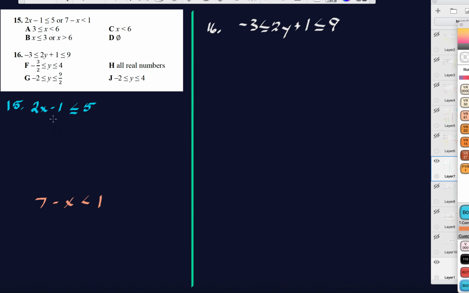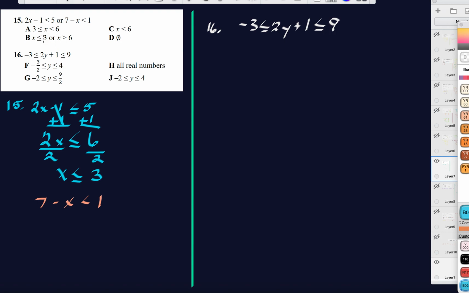This is simple, 2 steps. Add 1, add 1. Now we have this gone, and 6. Keep our inequality symbol, 2x. Divide by 2, divide by 2, and x is less than or equal to 3.